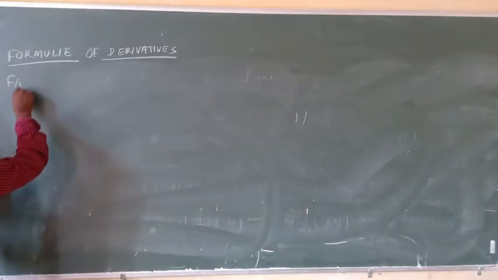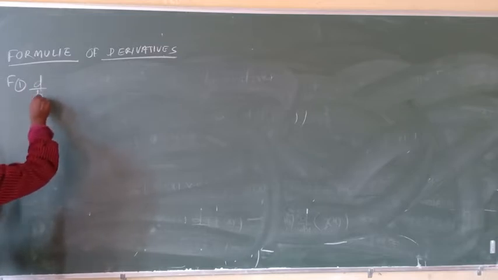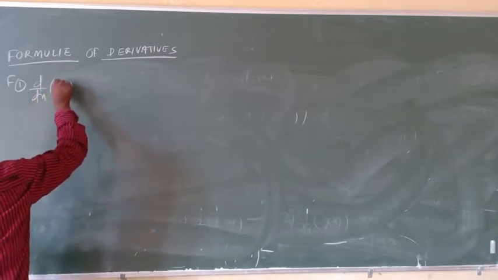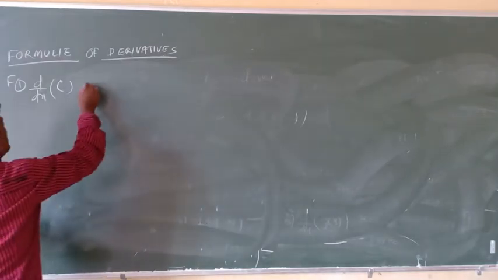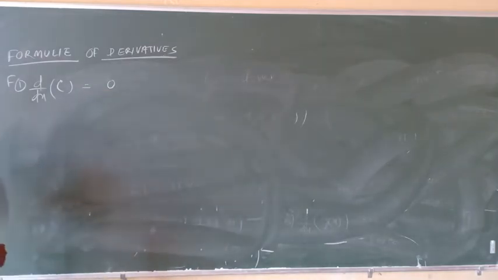Formula 1: d by dx of any constant, it may be 1, 2, 3, 4, 1 lakh, whatever it may be, is 0. Derivative of any constant is 0.